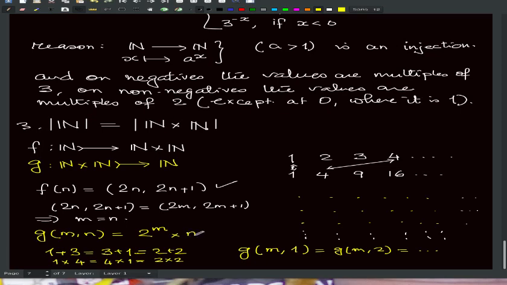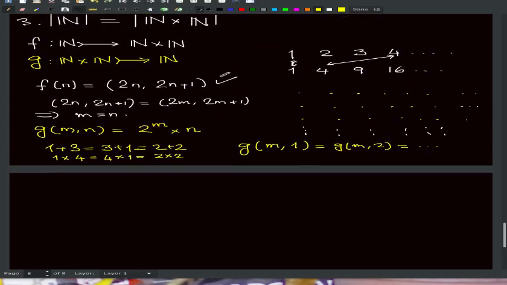If you take this, let's see, 2 to the power 2 times 3, this is 4 into 3, this is 2 into 6.